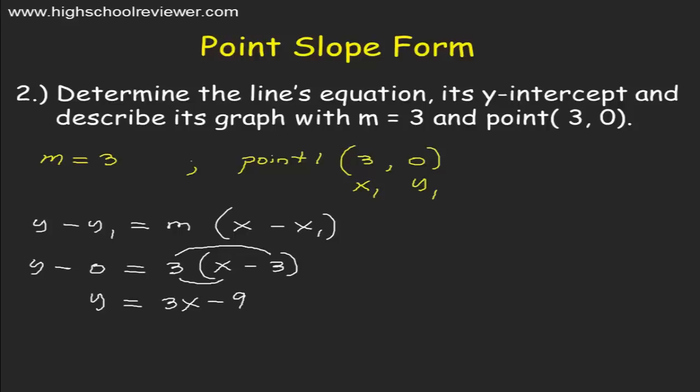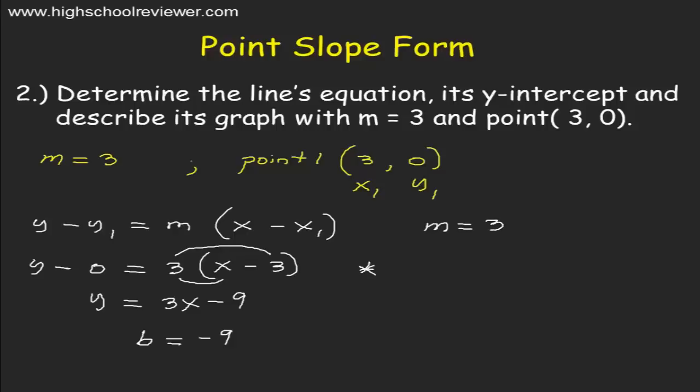So this is our equation of the form y equals mx plus b. Our b now will be negative 9. So b, or the y-intercept, is negative 9. And then again our slope is positive 3.